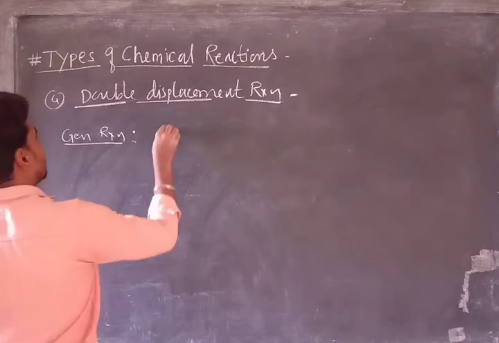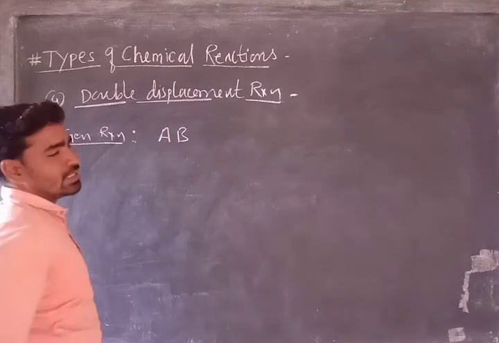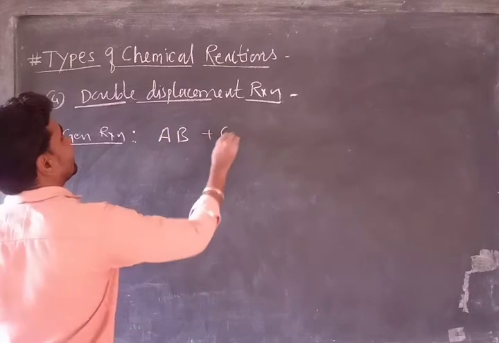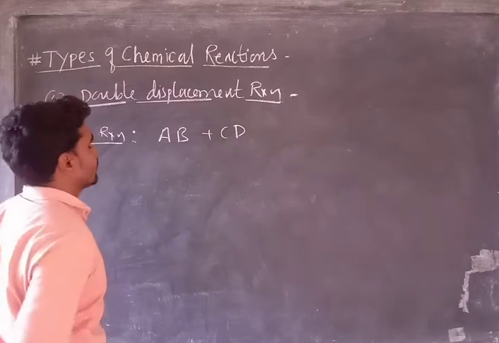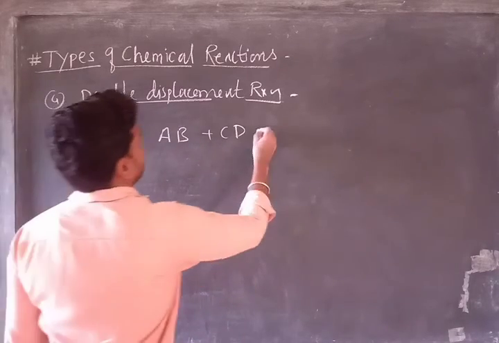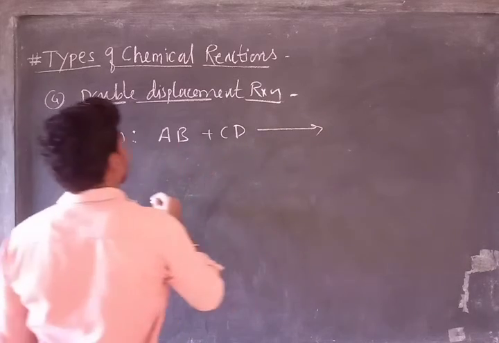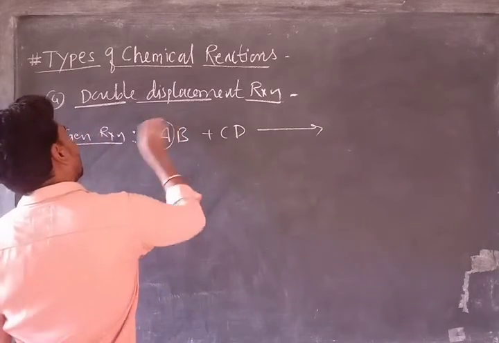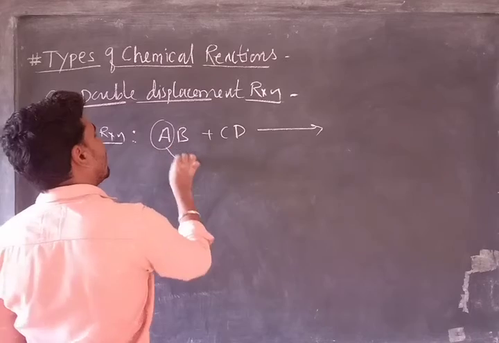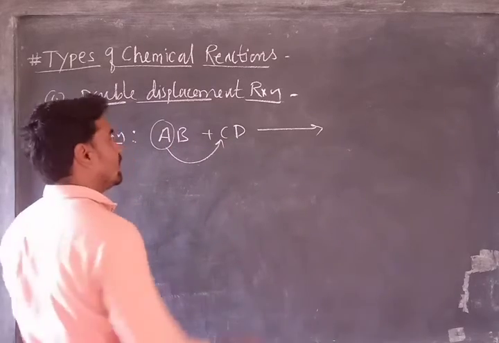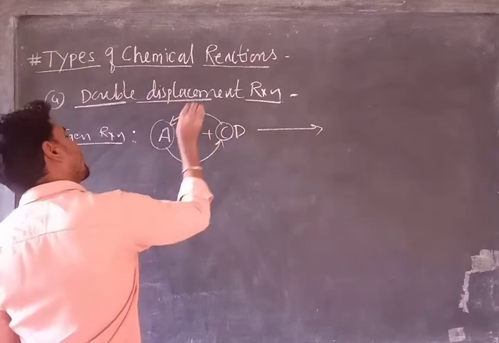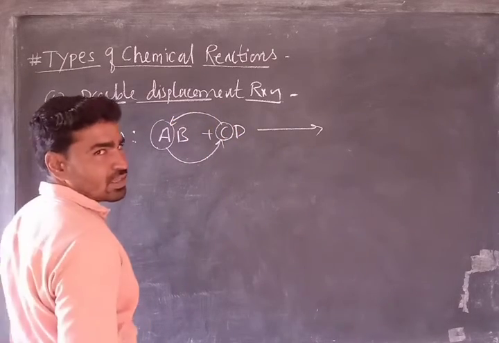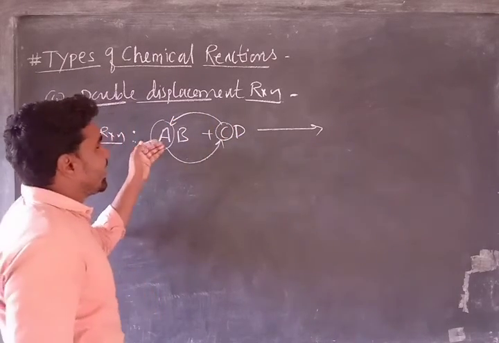Consider that you have AB as one substance, and CD as another substance, and we make these two substances react with each other. What happens here?